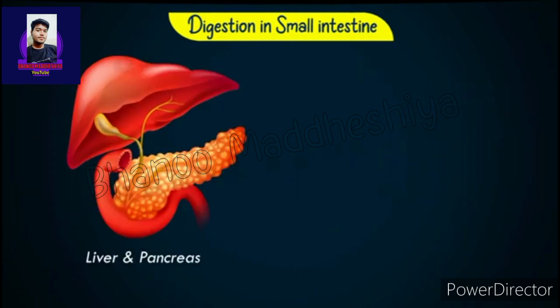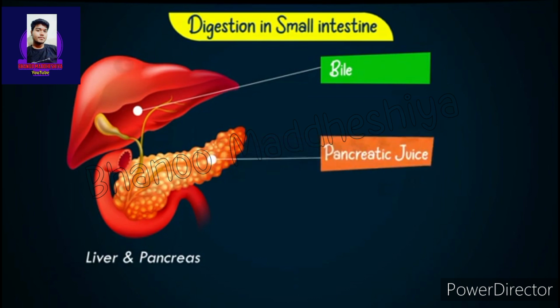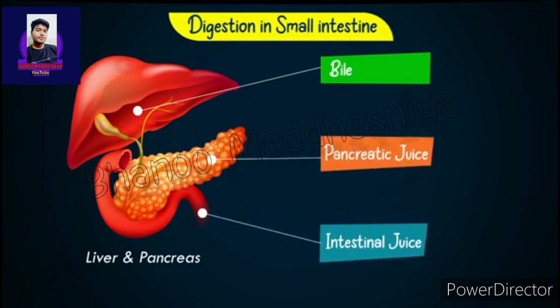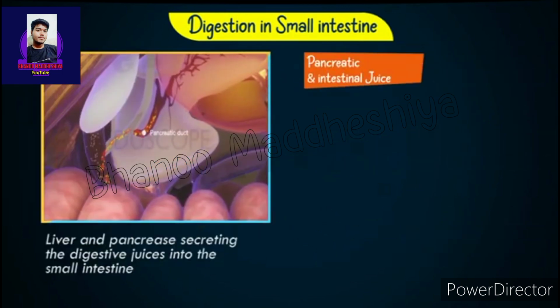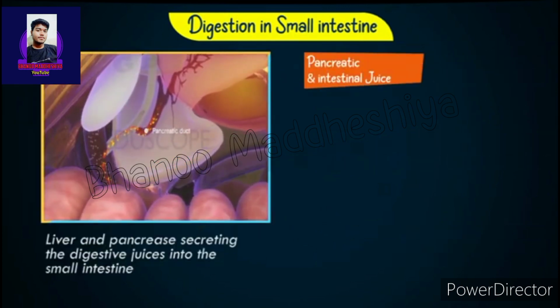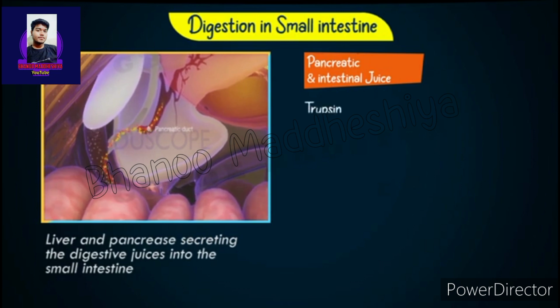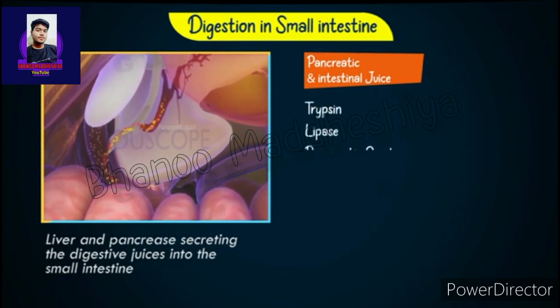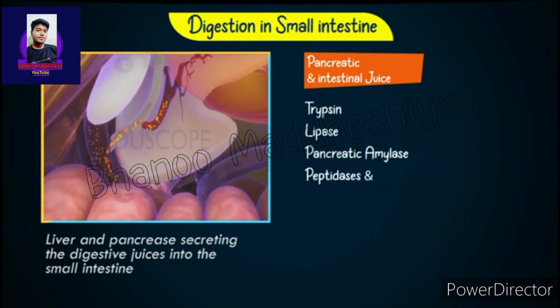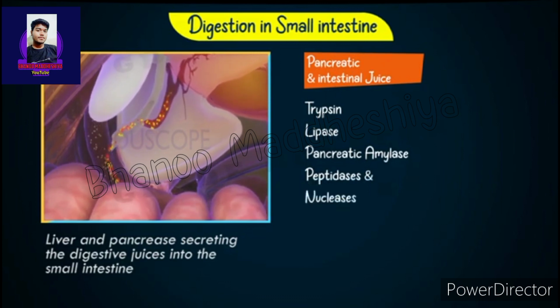The small intestine receives bile juice from the liver, pancreatic juice from the pancreas, and intestinal juice from the walls of the small intestine. Pancreatic and intestinal juices contain enzymes like trypsin, lipase, and pancreatic amylase, peptidases, and nucleases.